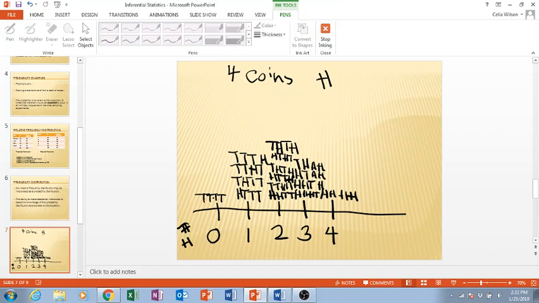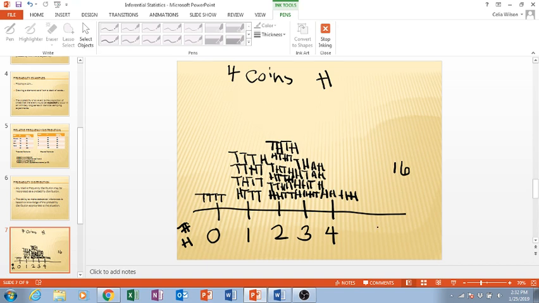So I could have gotten this result. So 1, 2, 3, 4, 5, 6, 7, 8, 9, 10, 11, 12, 13, 14, 15, 16. So there are 16 different results I could end up with if I were to flip 4 coins. Okay?